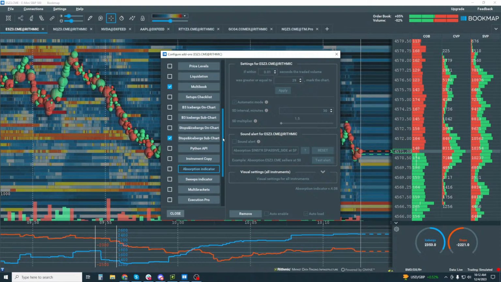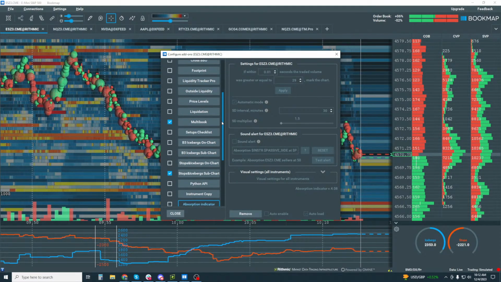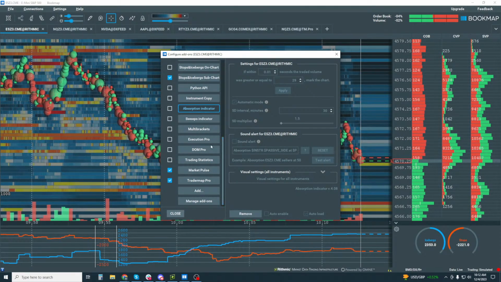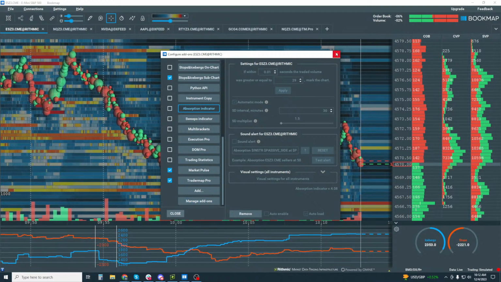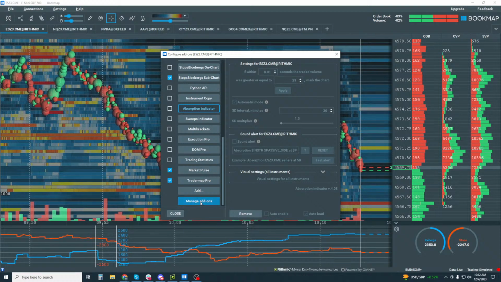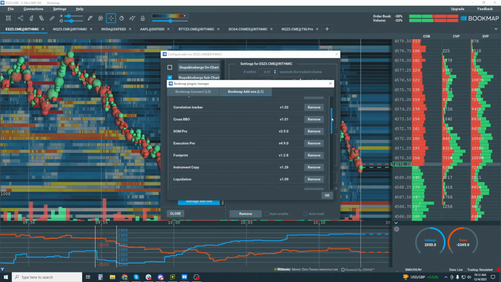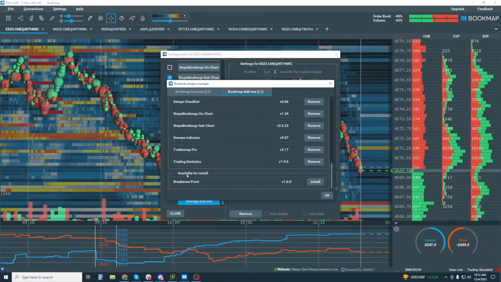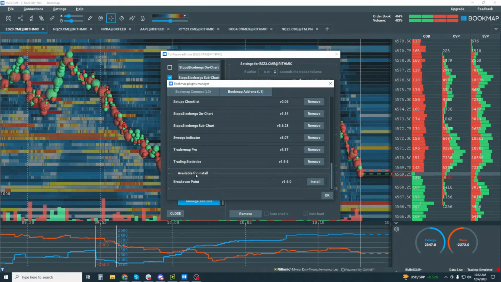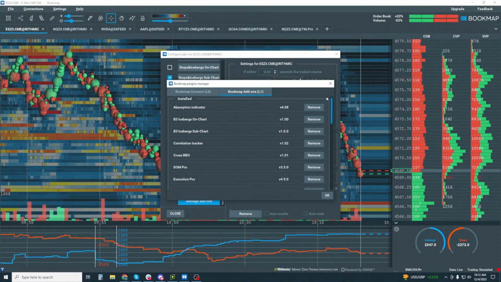Hold on a minute. If you don't have it, this is how you can get it. Click on manage add-ons, configure add-ons from this link, go to manage add-ons and scroll to the bottom. If it's not available for install, it means you probably already have it installed someplace.